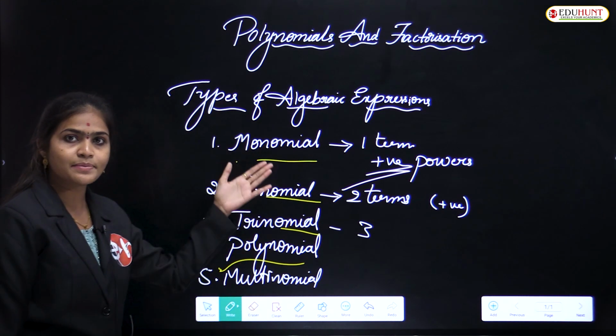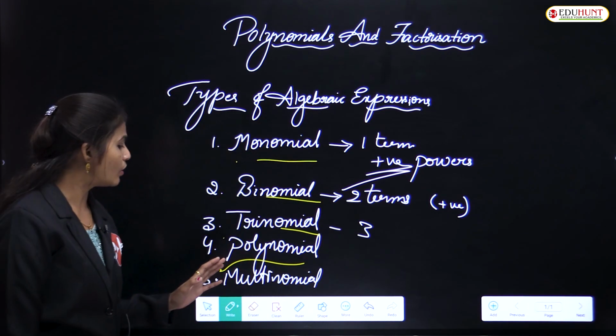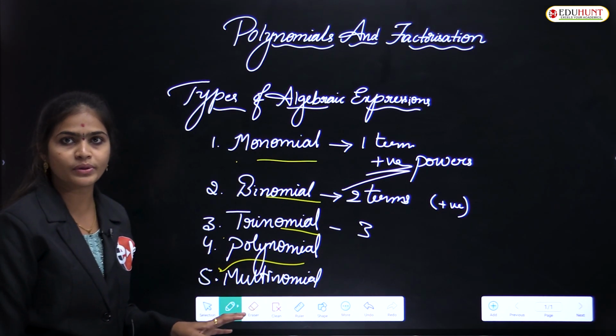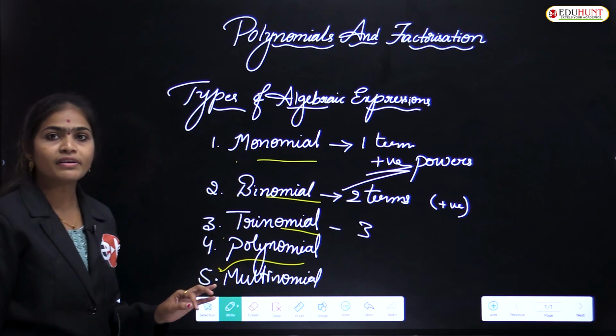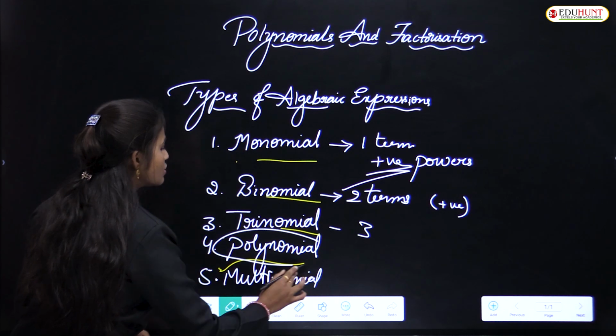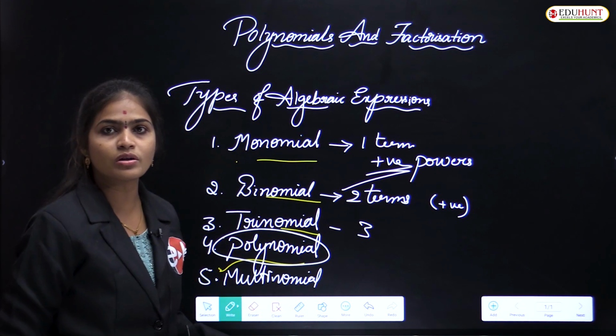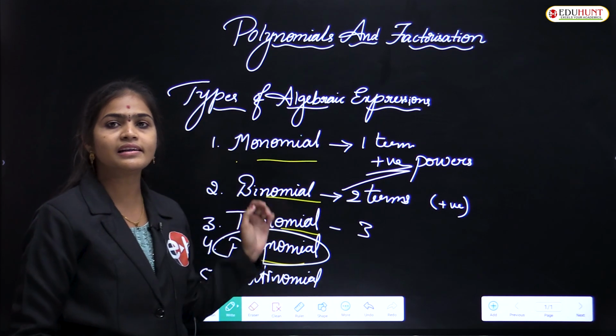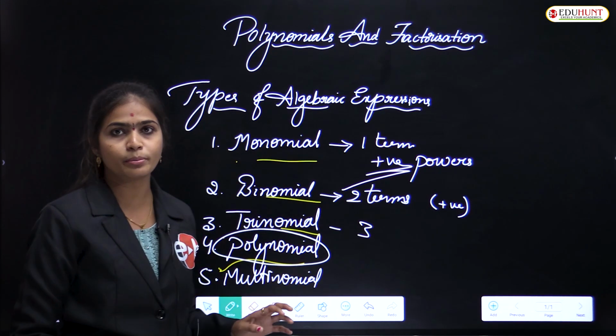You can see all these types in polynomials also. So every polynomial we can say is a multinomial. Our topic is the polynomial. Today we are going to discuss the concept of polynomials and factorization. So this is the introduction part about polynomials.